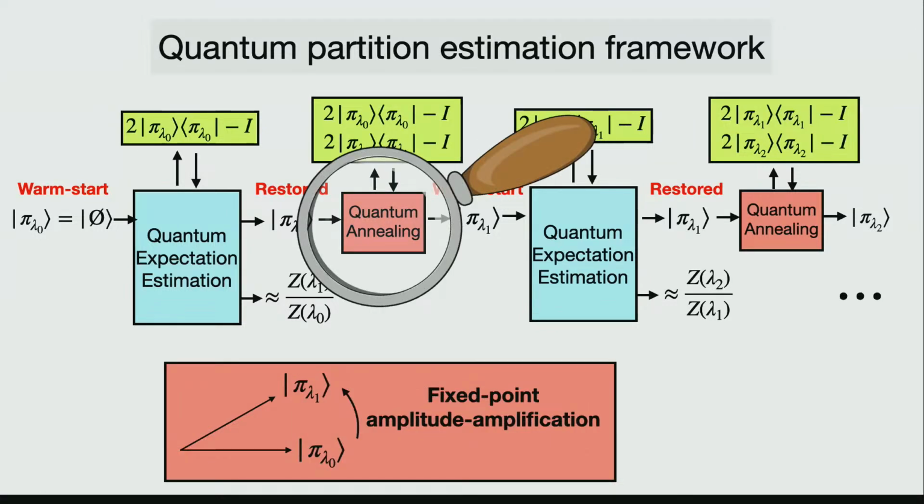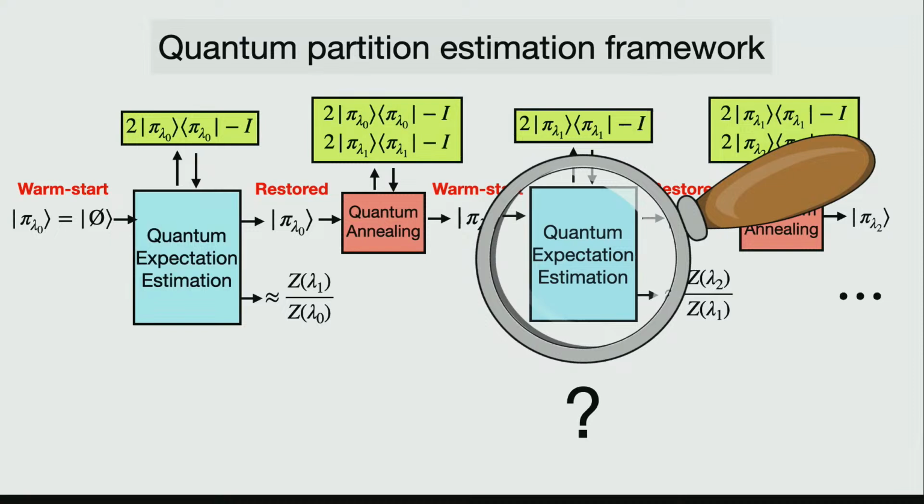If I zoom in on this quantum annealing, because consecutive quantum Gibbs states are very close to each other, you can just apply, let's say, fixed point amplitude amplification. It just requires the reflection operation, and you can change one Gibbs state to the next one very, very quickly.